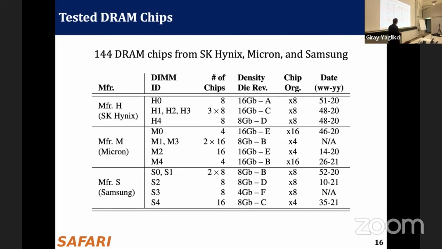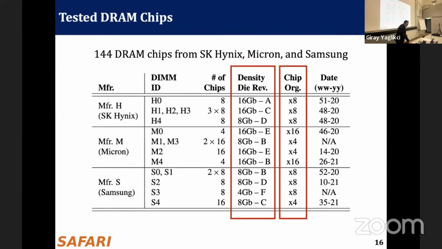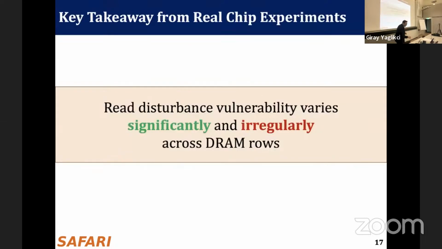So if you just go to Amazon or Galaxus and buy a DRAM chip randomly, probably you will hit one of these. We cover different densities and die revisions to see if our observations are correct across generations as well. And they implement different chip organizations as well. So these are different kinds of chips from these manufacturers.